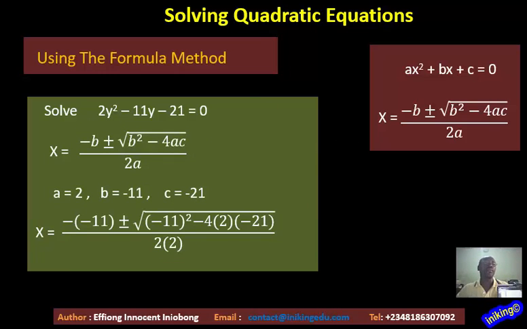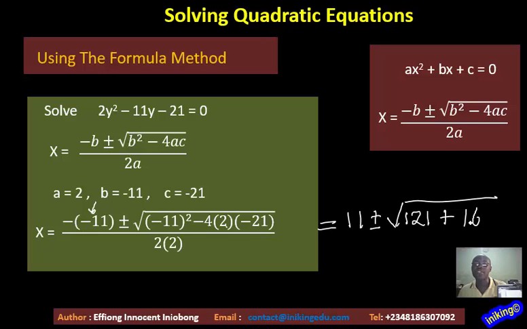Doing that, in place of b we have minus 11, and then b squared, minus 11 all squared, minus 4 times 2 times minus 21. That's our 4ac, divided by 2a. Simplifying this, minus 11 will give us 11, plus or minus the square root of minus 11 squared, which gives us 121, plus 8 times 21, which gives us 168.